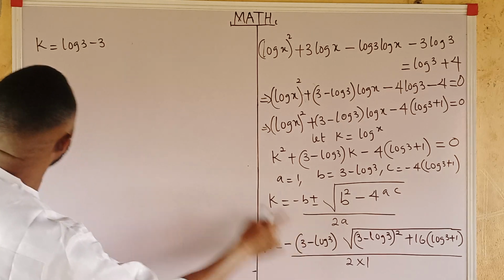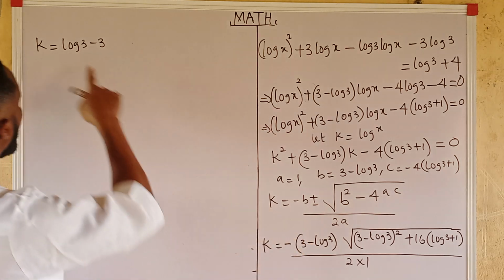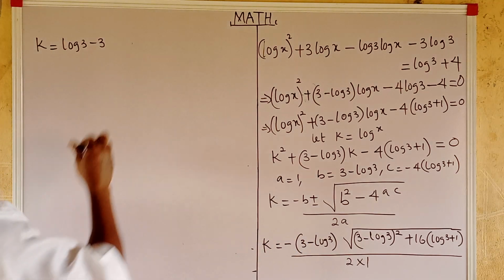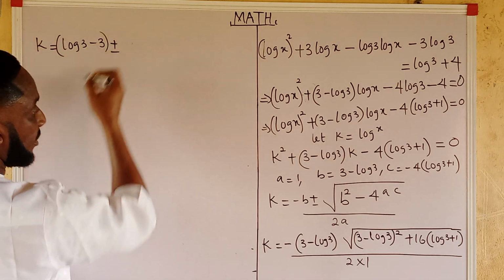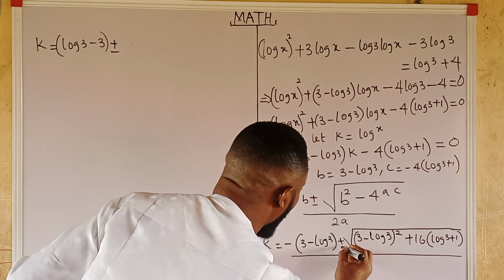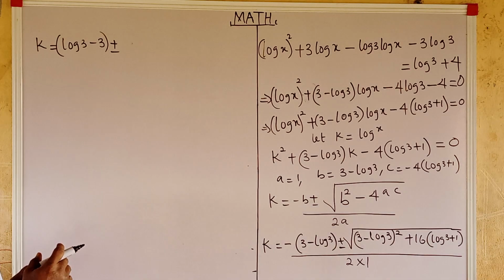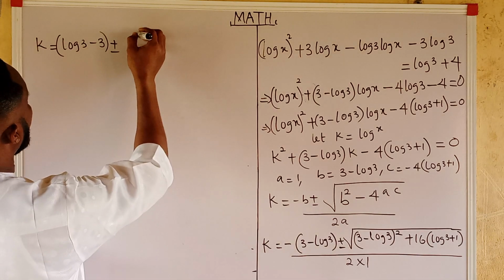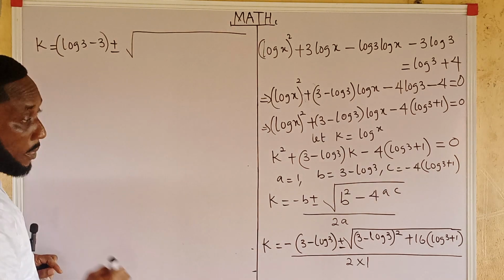Negative 1 multiply 3, that will be negative 3. Negative multiply negative, that will be positive. So I can put this in a parenthesis. I'll write plus or minus. Okay, I also omitted that here, plus or minus, just trying to manage this available space. Then I will draw a big square root again.